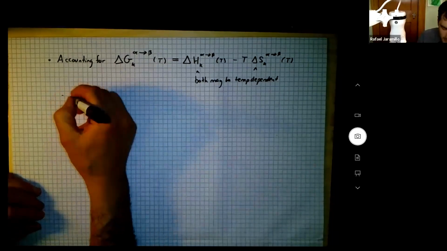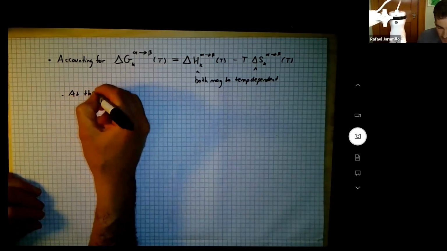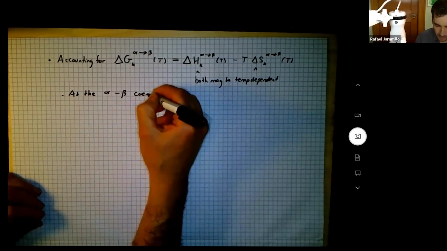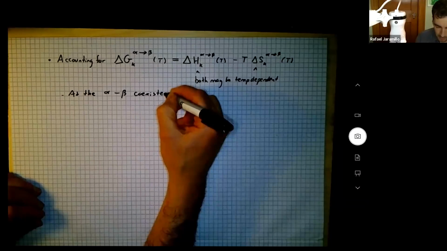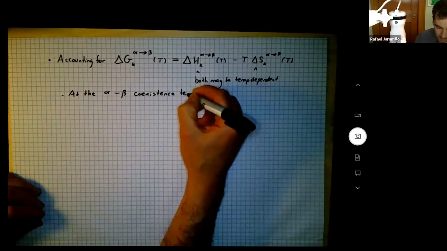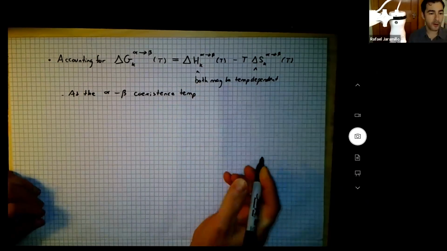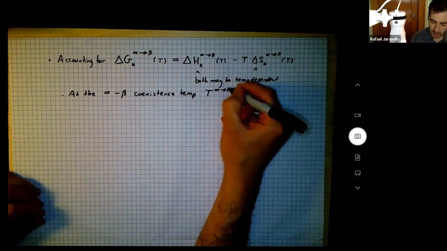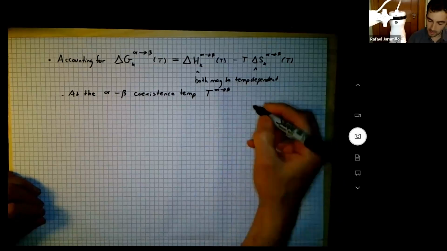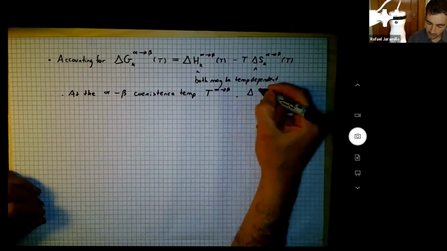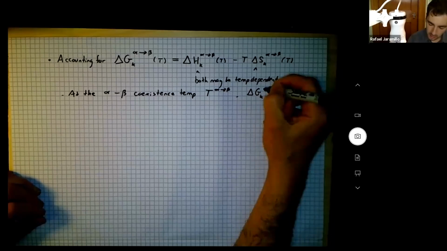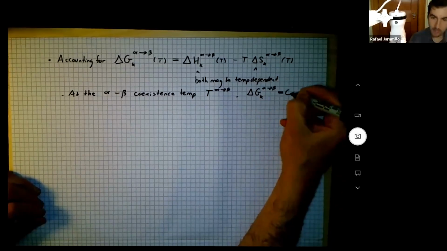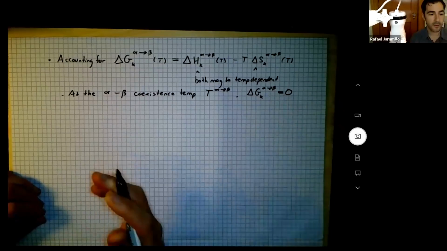All right. At the alpha beta coexistence temp, at their equilibrium coexistence temp, we'll call that T alpha to beta. At that temp, delta G equals 0 because they're in equilibrium.